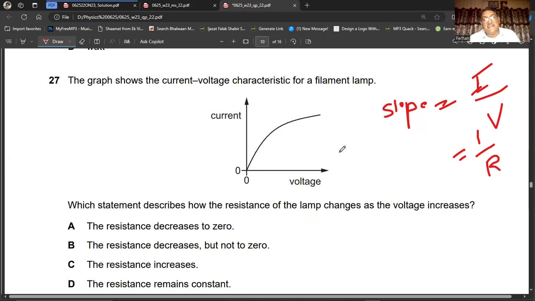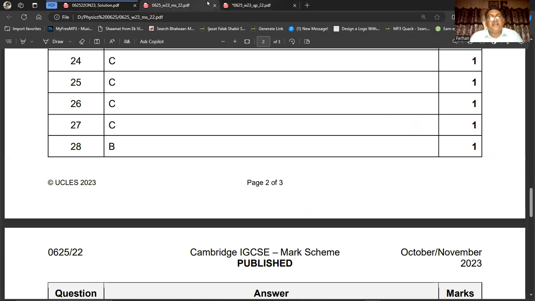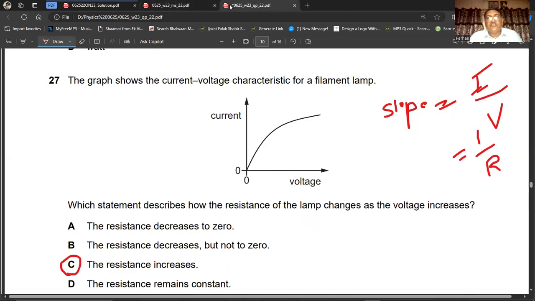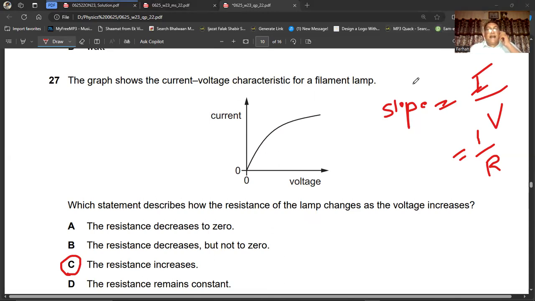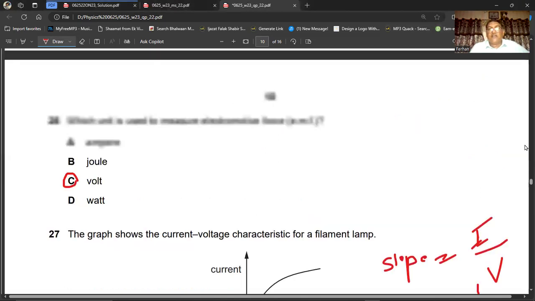As the voltage is increasing, the gradient is decreasing, so the resistance is increasing. So I think question number 27, C is the right option, sir. Now we are going to the next part.